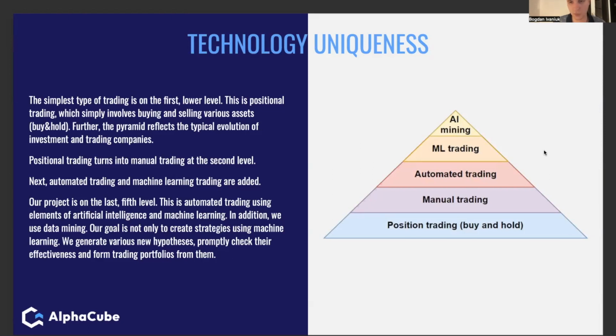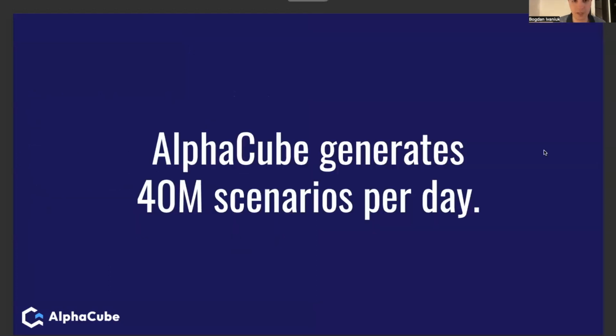About these things we will discuss a little bit later, but this is just an overview that I can combine machine learning techniques with AI mining or alpha mining technique, as I told. Both of these directions have pros and cons, but I think the mining gives more power and more flexibility.